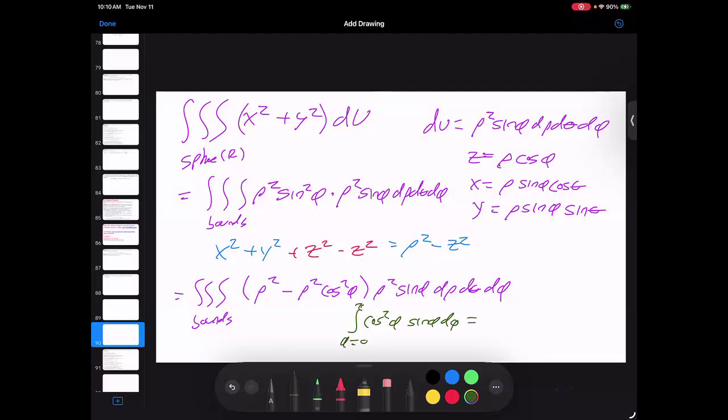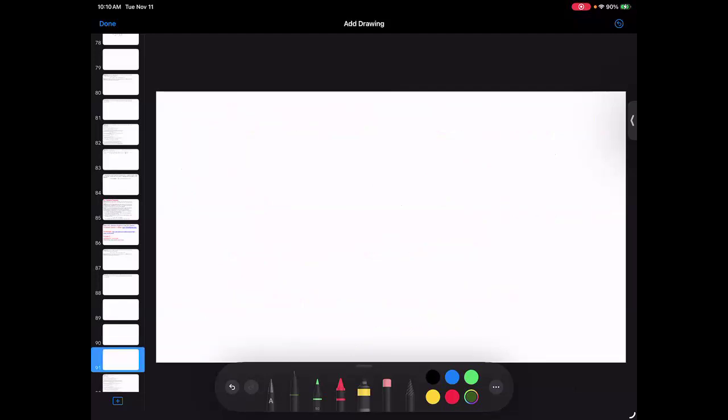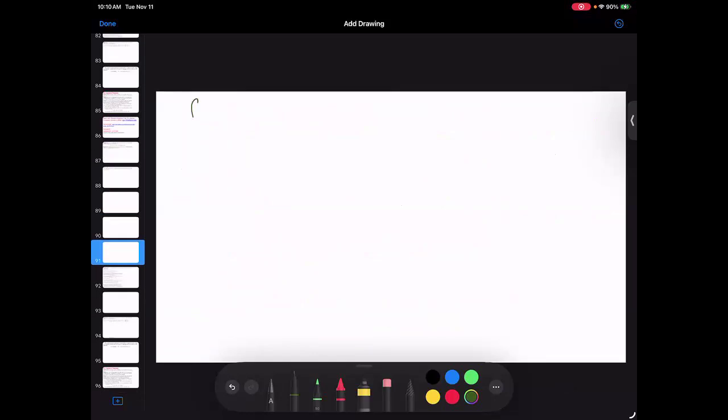What function has derivative cosine squared phi sine phi? Nobody remembers how to do this? So we want to integrate phi goes from 0 to pi, cosine squared phi, sine of phi d phi.